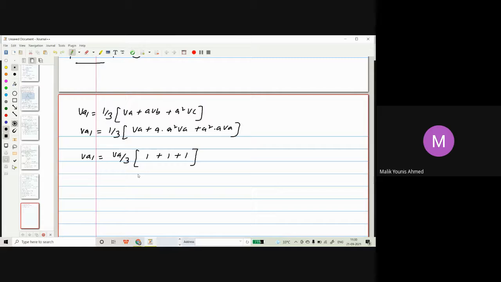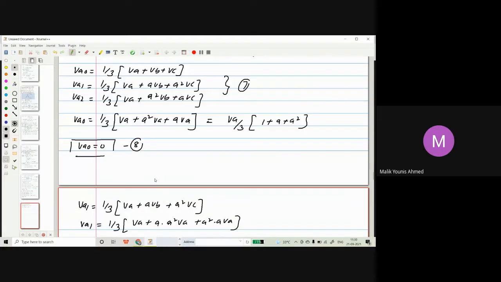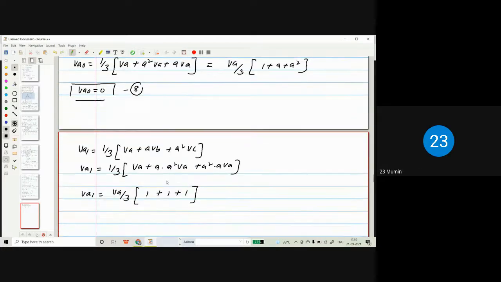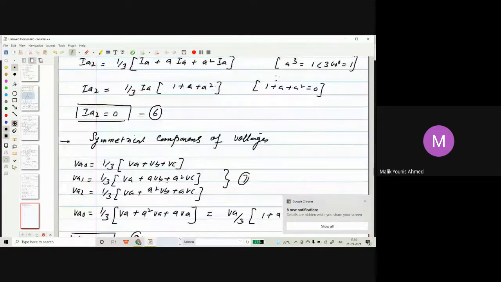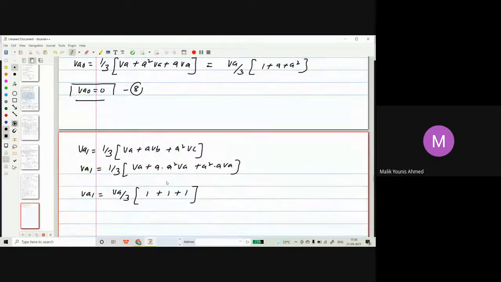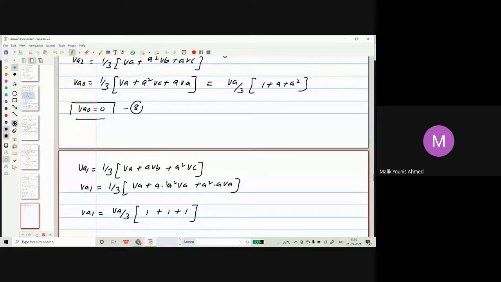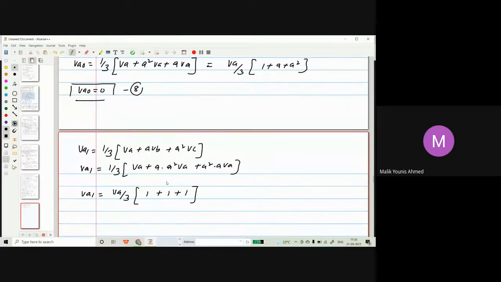It is VA, 1 plus 1 plus 1 is 3, and it cancels with the 3 below, so VA remains. No, there is something wrong, because positive sequence voltage should not come. This is a ground fault. If it is equal to VA, then how come VA is not 0?